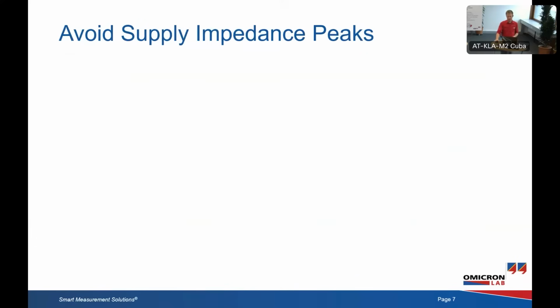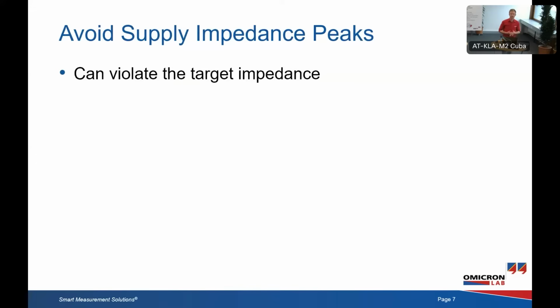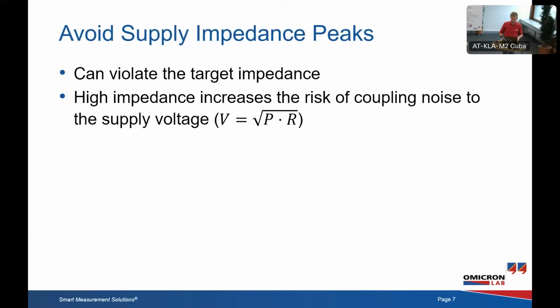So the goal is to avoid these supply impedance peaks, because they can violate the target impedance. The target impedance is there to specify a maximum impedance that allows you to ensure that the voltage ripple will not exceed what is allowed when the current load steps. Also, this high impedance increases the risk of coupling noise to the supply voltage.